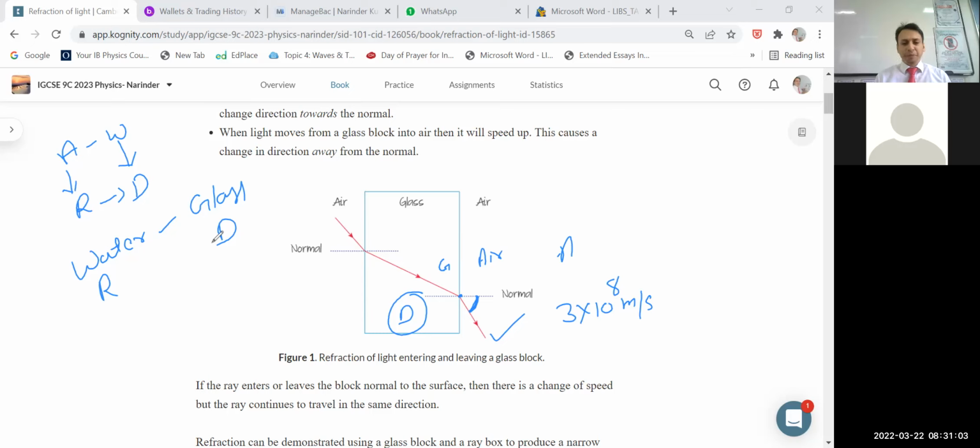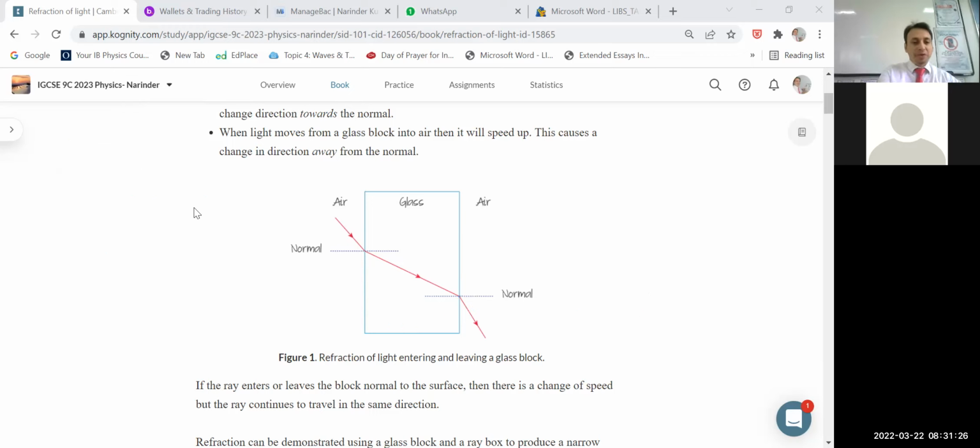So these are a few terms that you have to remember, children. Here, water was a denser medium compared with air. Now, in the case of a water and glass combination, water is the rare medium, glass is the denser medium. So always you have to compare with respect to what we are taking.